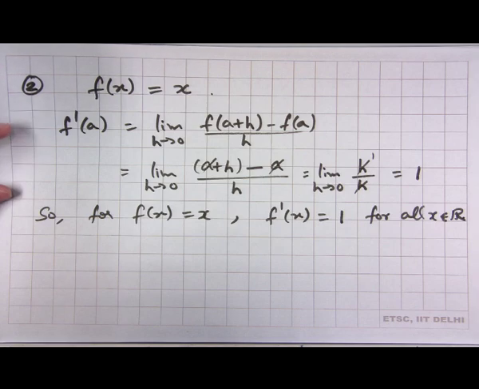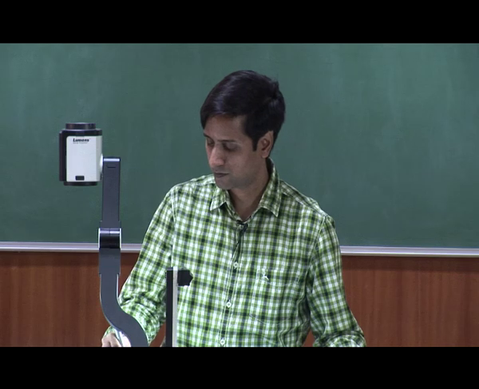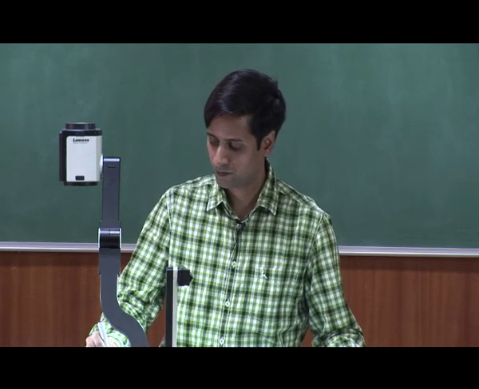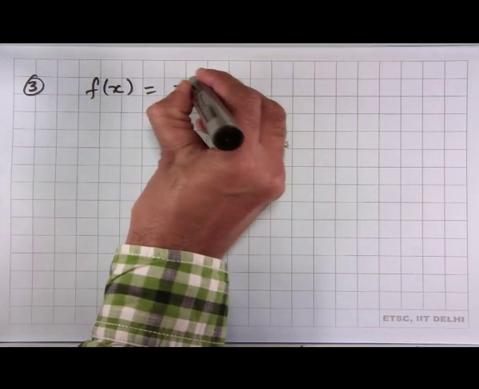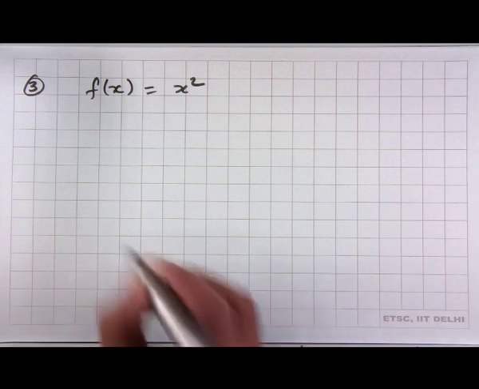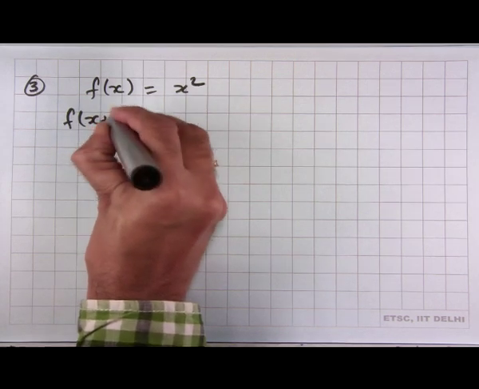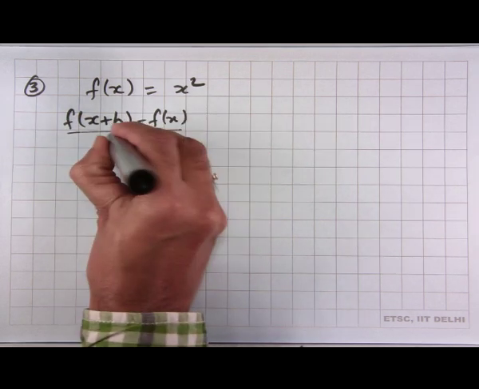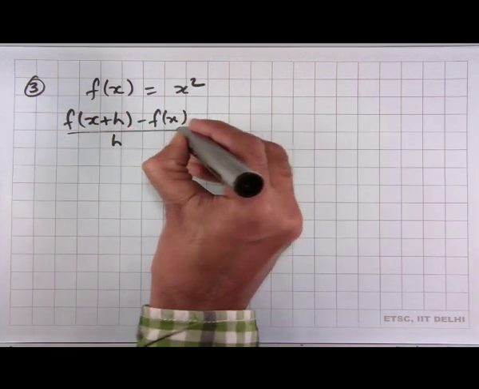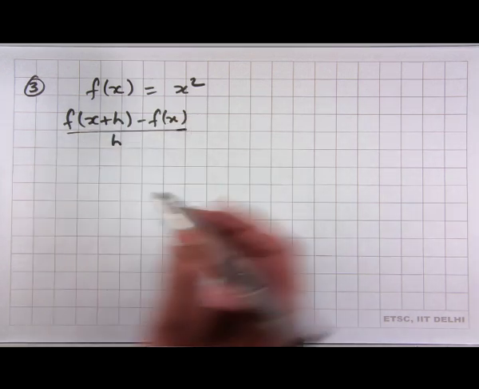Let us try to calculate one more. Let us look at f x equal to x square. Now, if I look at f of x plus h minus f of x divided by h, if this limit as h approaches 0 exists, that will be the derivative f prime x.